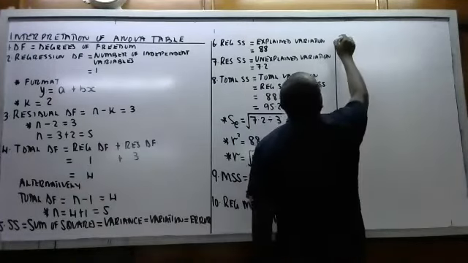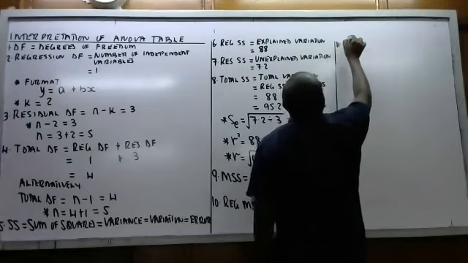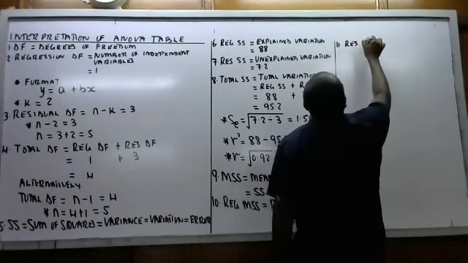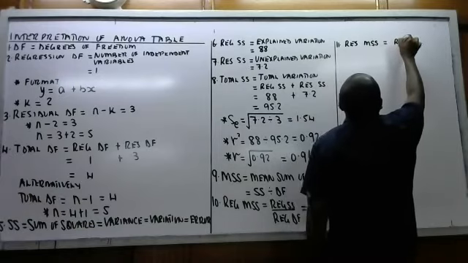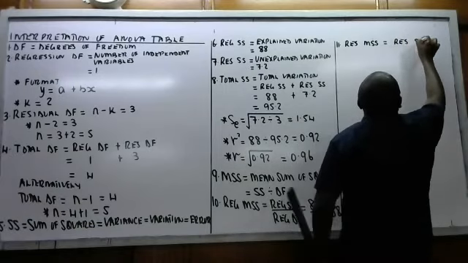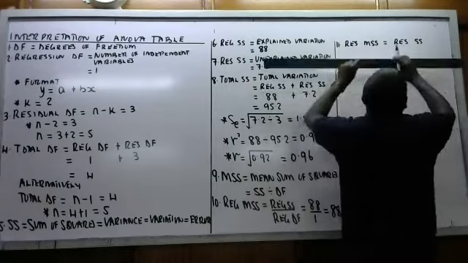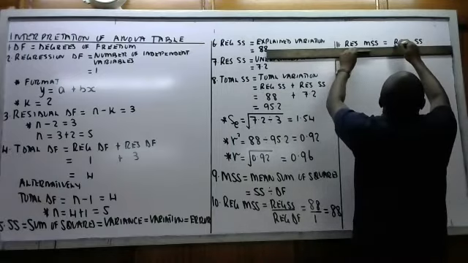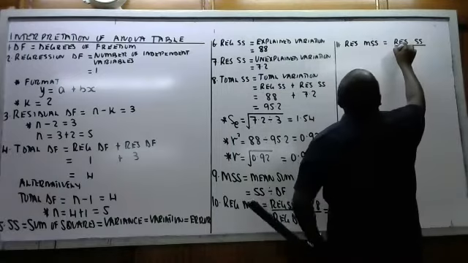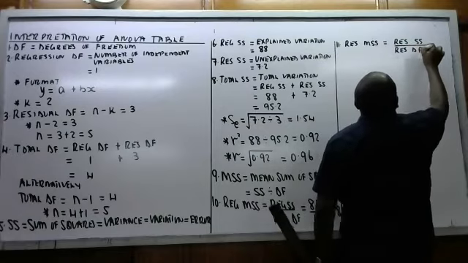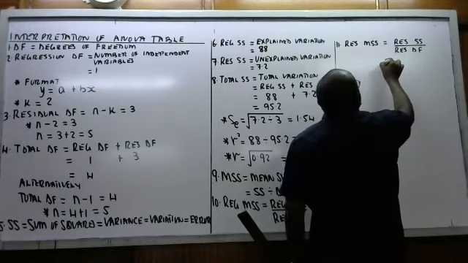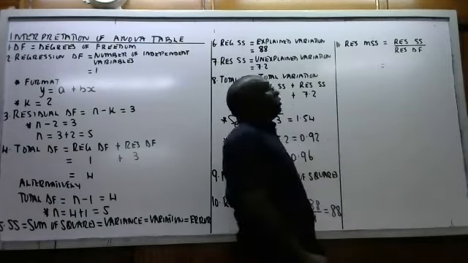Point number 11 is residual mean sum of squares, which is residual SS you divide by residual DF.